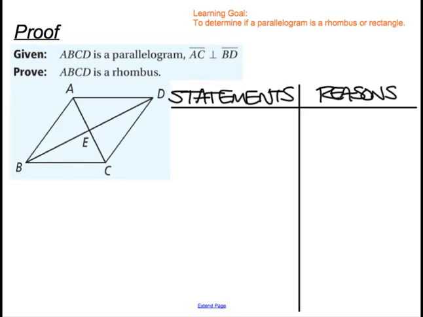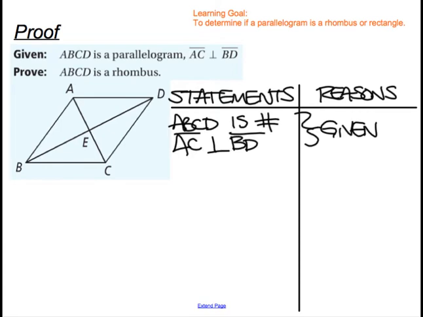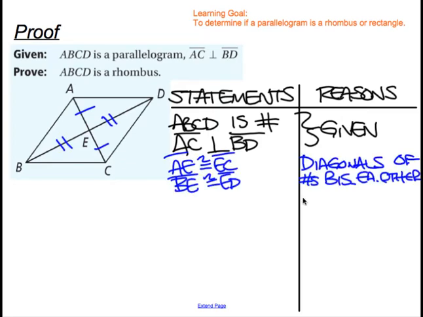Our first two statements will be the given information. The fact that ABCD is a parallelogram gives us one important fact, and that is that the diagonals of a parallelogram bisect each other. In other words, segment AE is congruent to segment EC, and segment BE is congruent to segment ED.